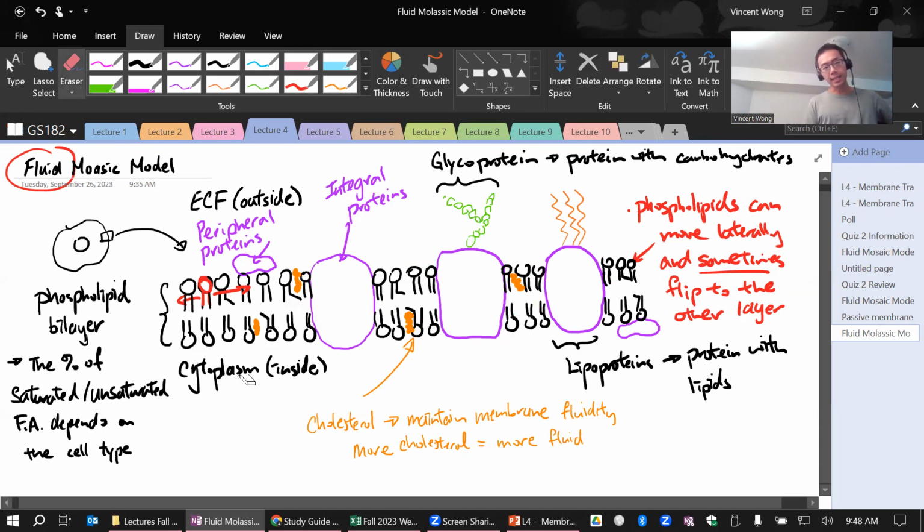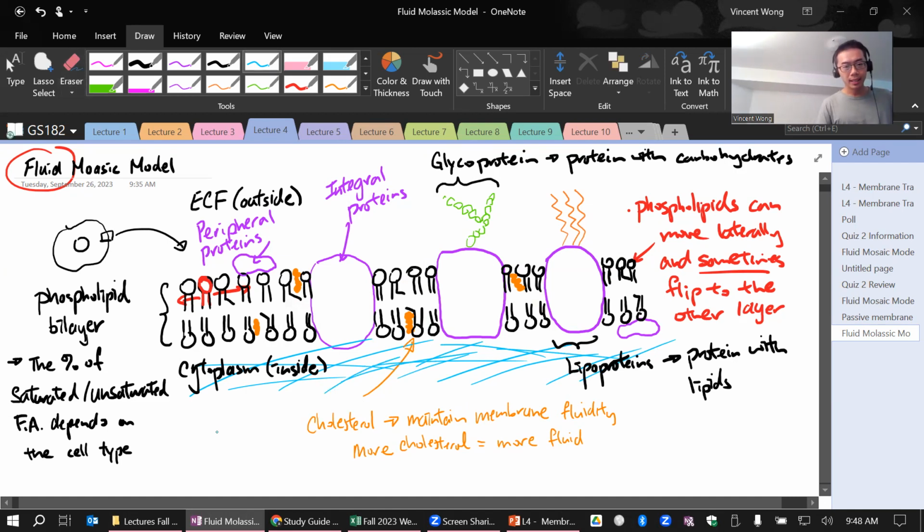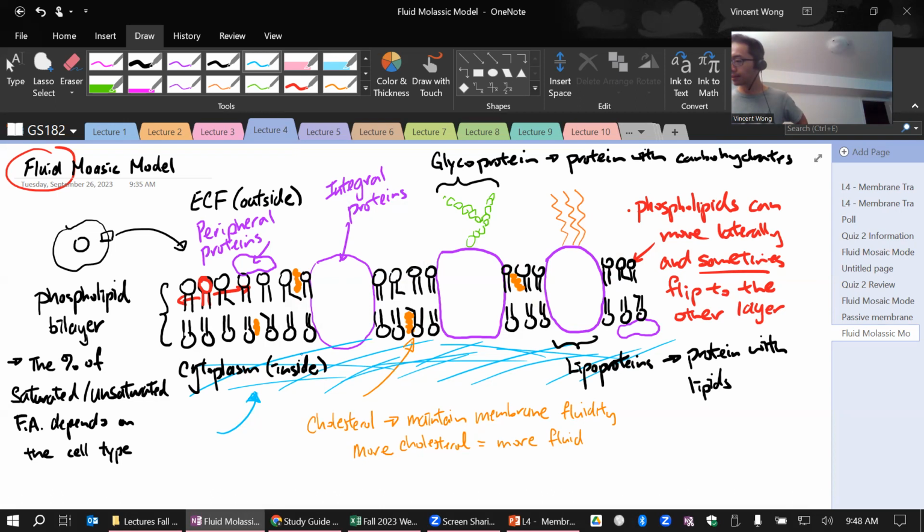And on the inside, in the cytoplasm, you would have these lines. Okay, we learned about these earlier before the break. Anybody want to tell me what those might be? What are those blue lines? Matrix.